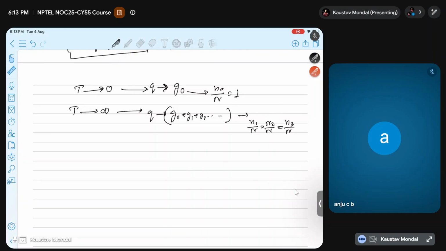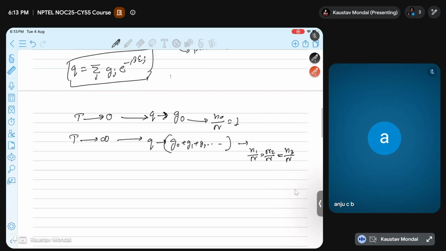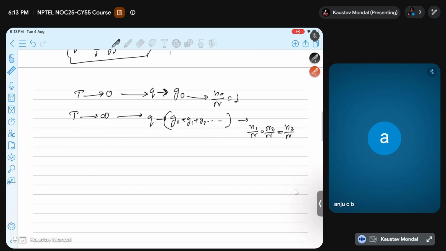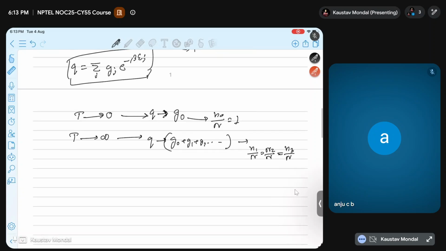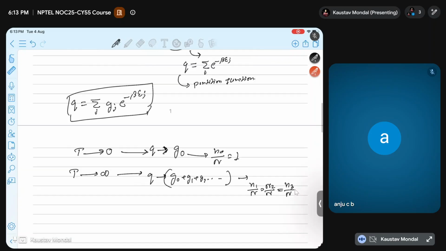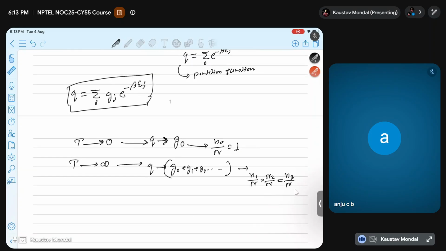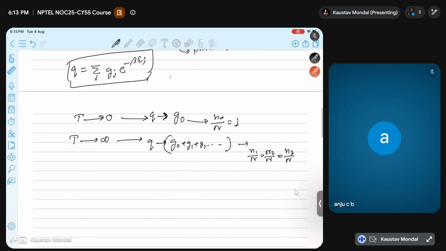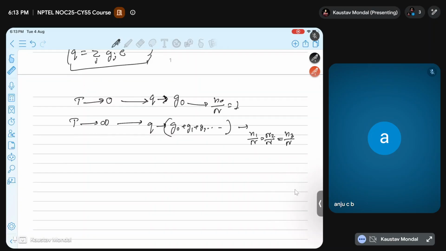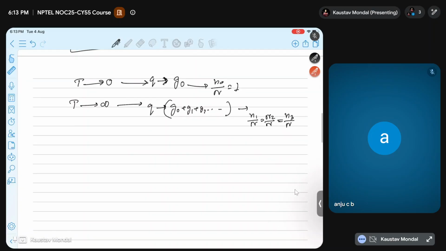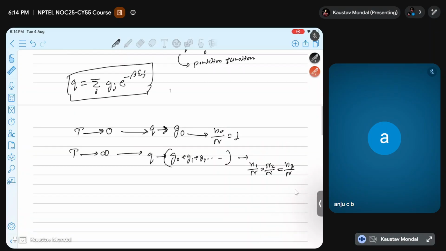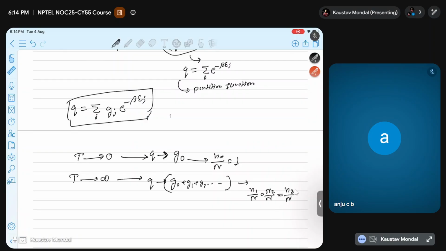So each of the energy levels has an equal probability, and the number of particles distributed in each energy level will be equal, when you take the temperature very high, close to infinity. We also saw the same behavior of the system by showing some examples.